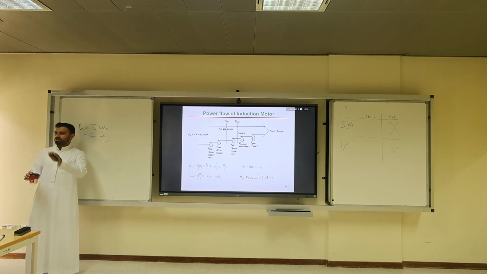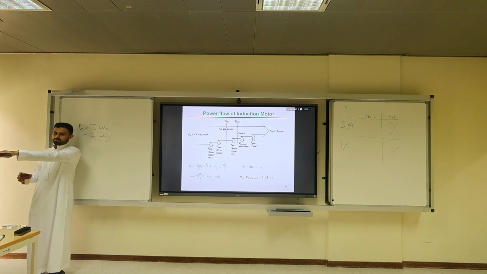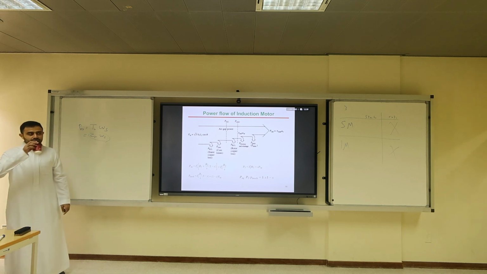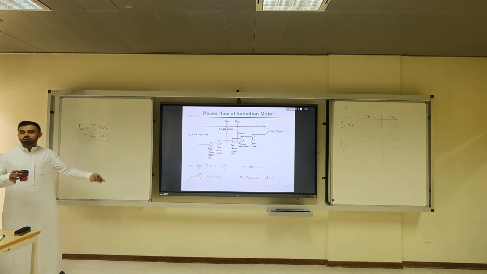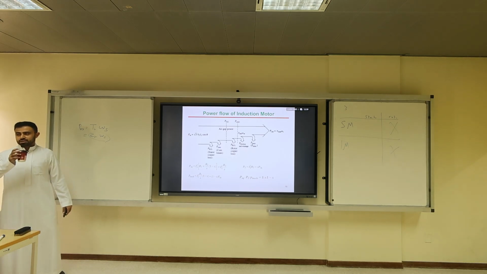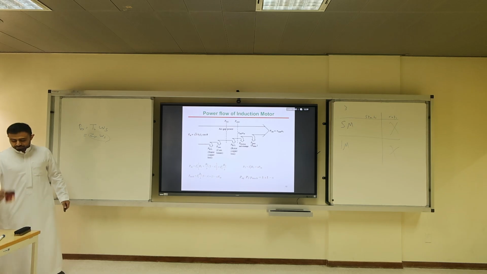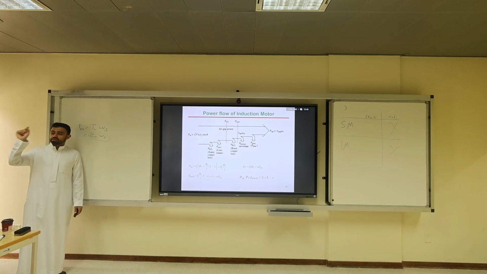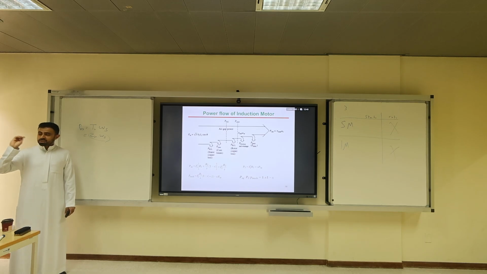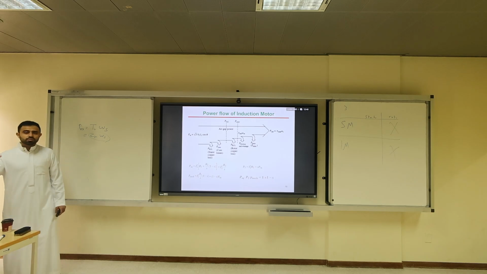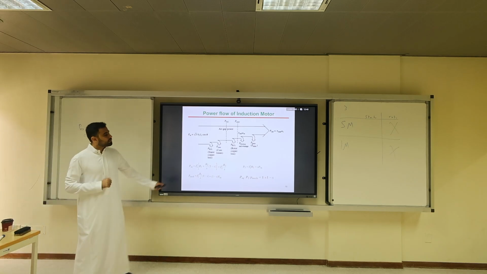Please, help yourself, help each other in making the formula sheet. If you get full mark in the major, it will not impact his full mark. I'm not going to make major 2 harder because an average of major 1 is hard. I don't care. What I care about is knowledge. So please make the formula sheet, 72 hours. Try to put reasonable formulas. You can put circuits, you can put pictures, you can put whatever you want. If I don't think it's suitable, I will erase it. And I will upload the final version.